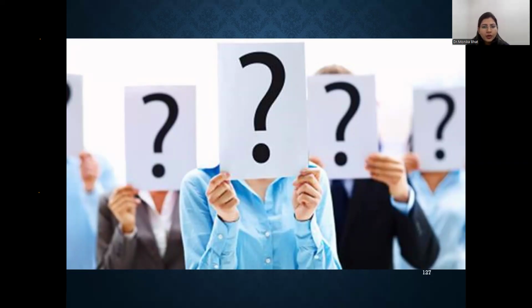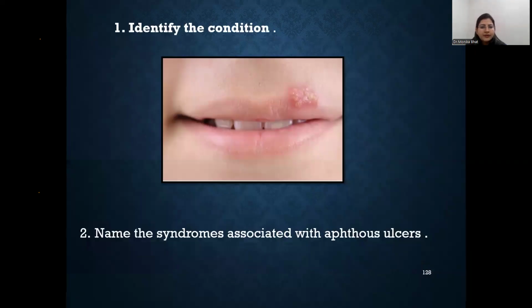So there are some clinical presentations, as I have covered most of the lesions. There are a few that you can cross-check with yourself, what kind of disease it is based on the clinical presentation. Identify the condition, as it has involved the unilateral side of the lip with the vermilion border.